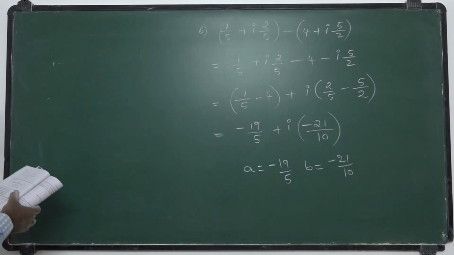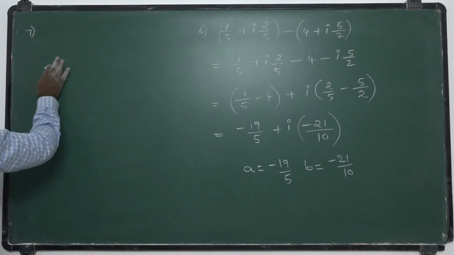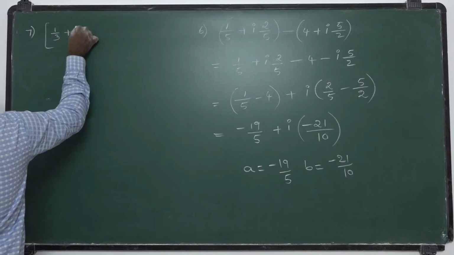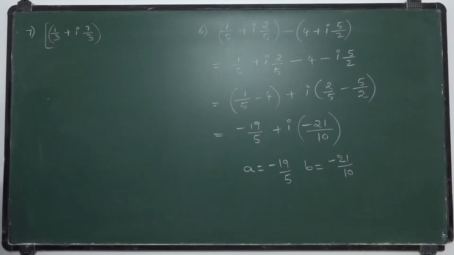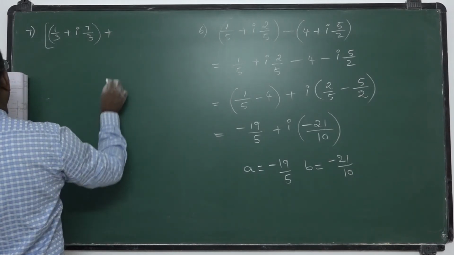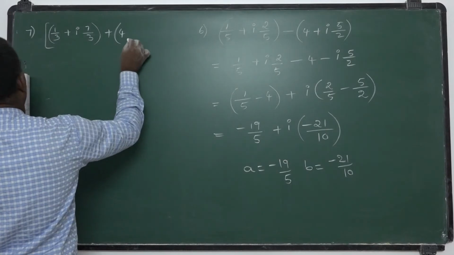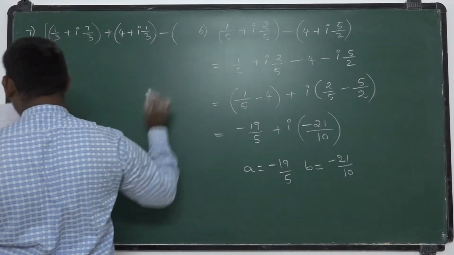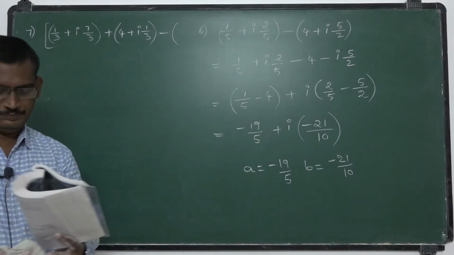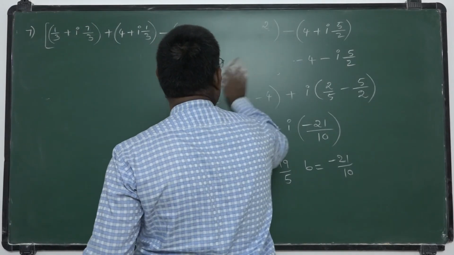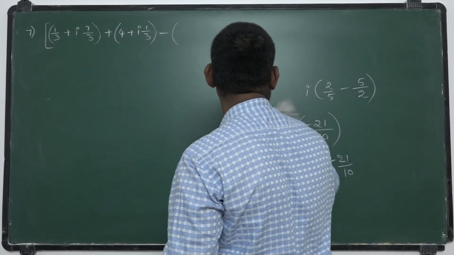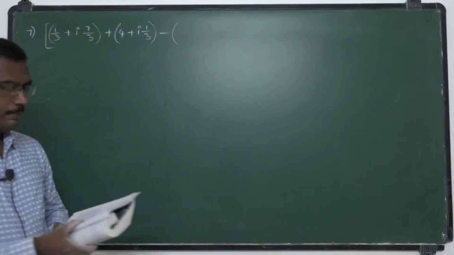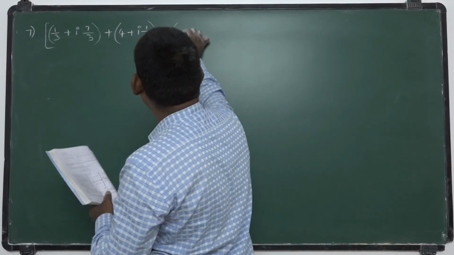Okay, coming to the seventh problem. One by 3 plus i into 7 by 3 plus of 4 plus i into 1 by 3 minus of minus 4 by 3 plus i.